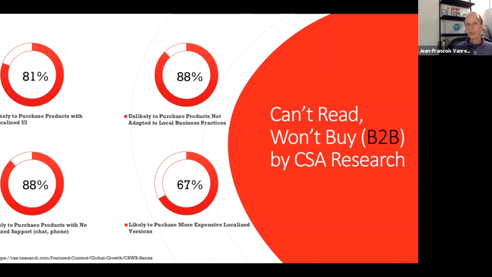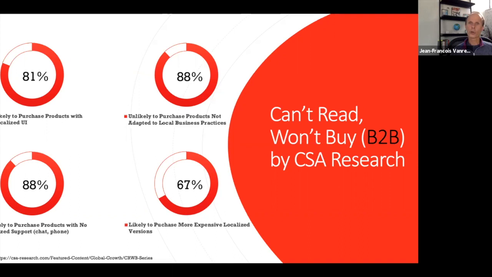And then the trend was quite interesting when CSA Research came up with a B2B survey. I was actually surprised because I work in enterprise, with Adobe, and we use a lot of products that are still in English. You can think about Office and other products that you may use for productivity tools within your own company.